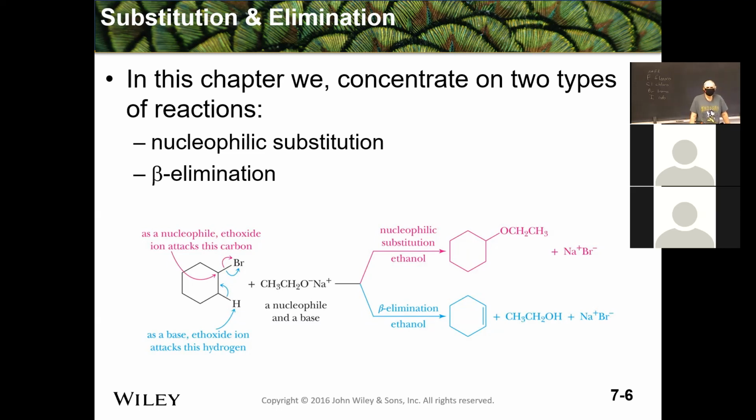Notice that in elimination we increase the bond order. In a substitution, the bond order doesn't change. Everything's a single bond. It's a single bond in the product. In substitution, we're going to get a variety of different products depending on what nucleophile we use. In elimination, we'll get an alkene. So, substitution and elimination.